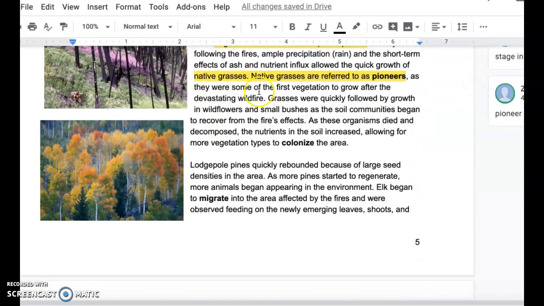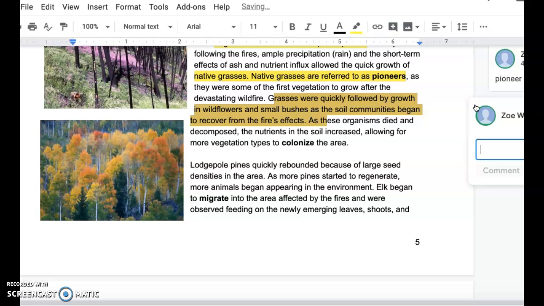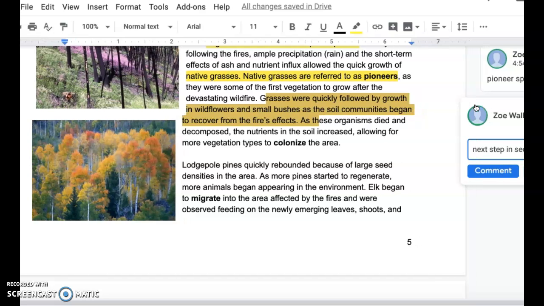They were some of the first vegetation or plant life to grow after the devastating wildfire. Grasses were quickly followed by a growth of wildflowers and smaller bushes, and soil communities began to recover after the fire's effects. Highlight that and put it as a next step in secondary succession.